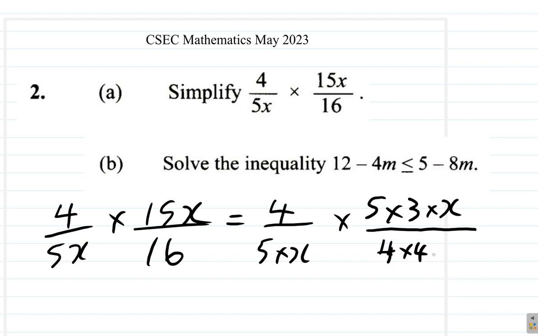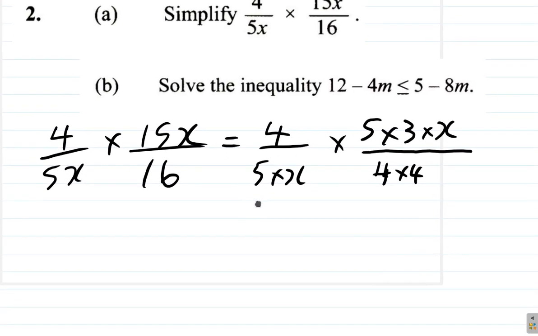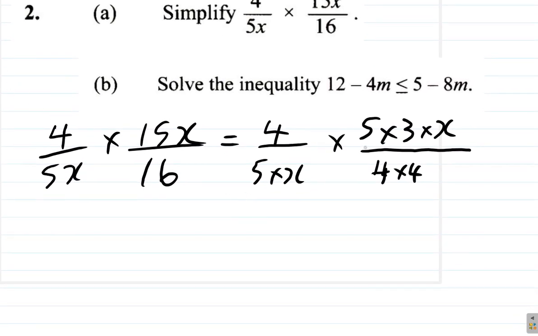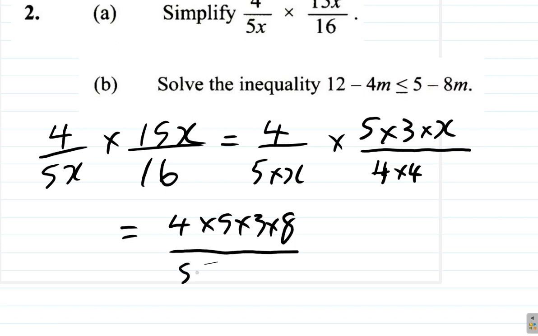Alright? So I just break up each part in smaller numbers. What we have, we can rewrite this as 4 by 5 by 3 by x over 5 by x by 4 by 4.